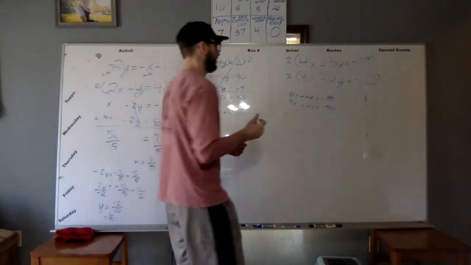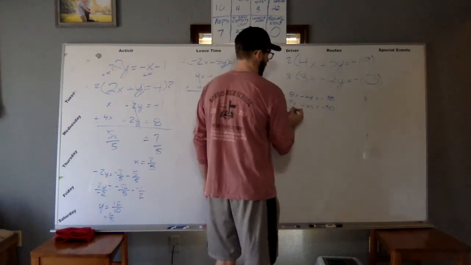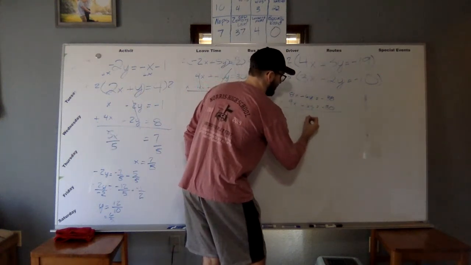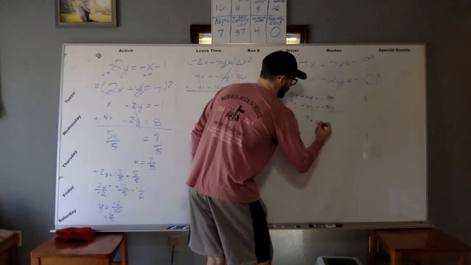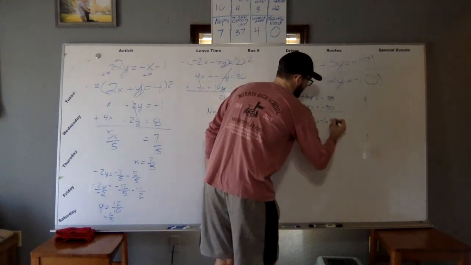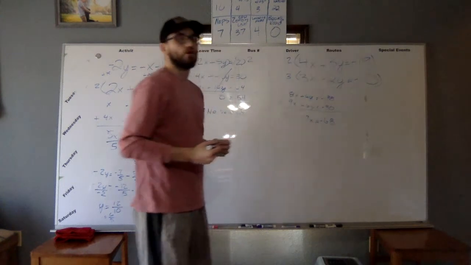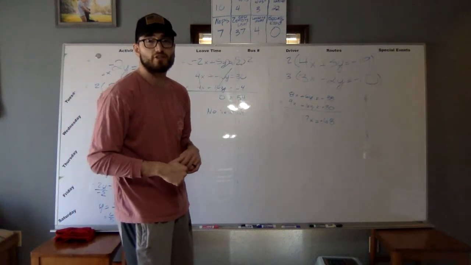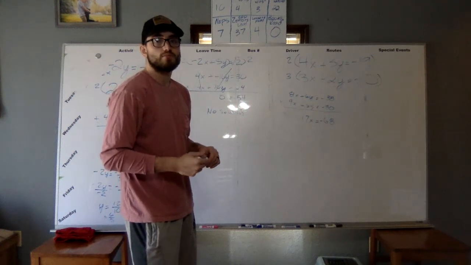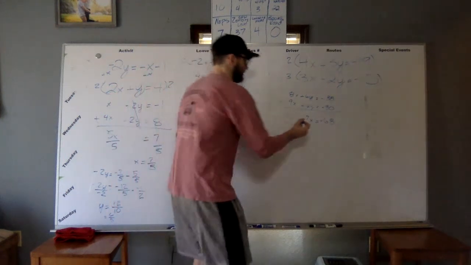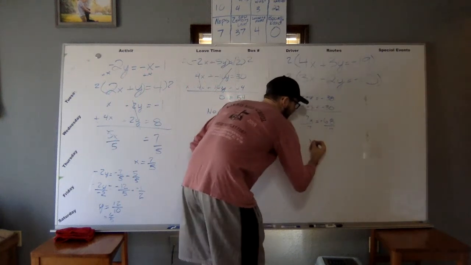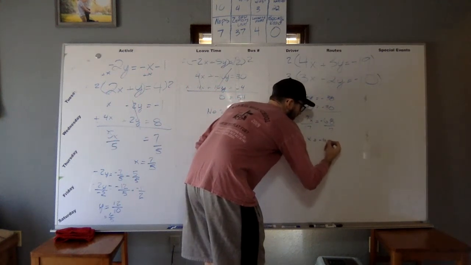So now what I end up with, as I go through, I now add, because I have my positive, negative, so I end up with 17x equals negative 68. We're hoping 17 goes into 68, otherwise this is going to be a really, really ugly fraction. Okay? So what I do here, divide by 17, last step, x equals, good news, negative 4.